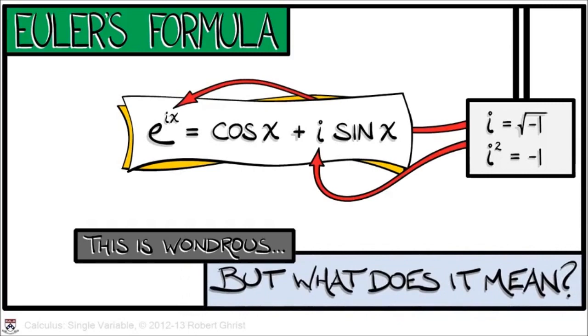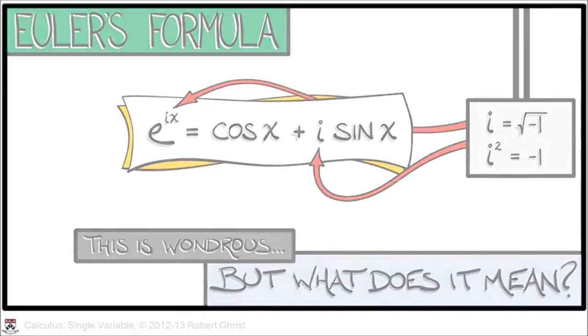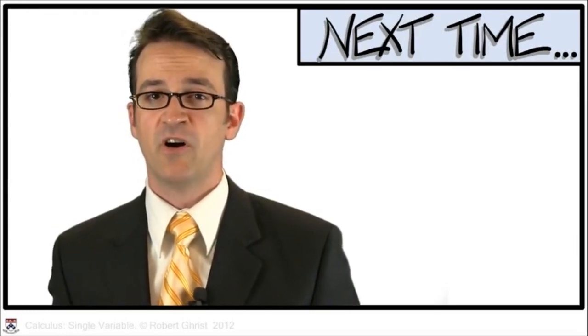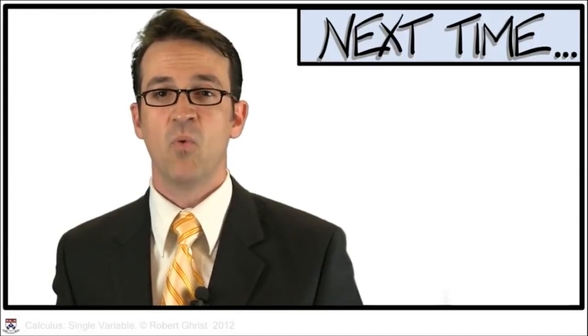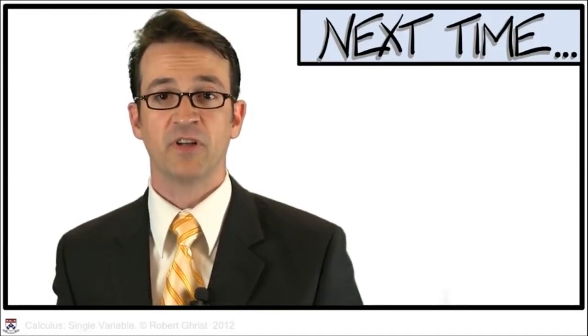Well, that is the subject for our next lesson. And so we end with a mystery about the exponential function and what it means to exponentiate something that is not a real number. In our next lesson, we'll resolve this mystery, in part, by contemplating what the exponential function is.